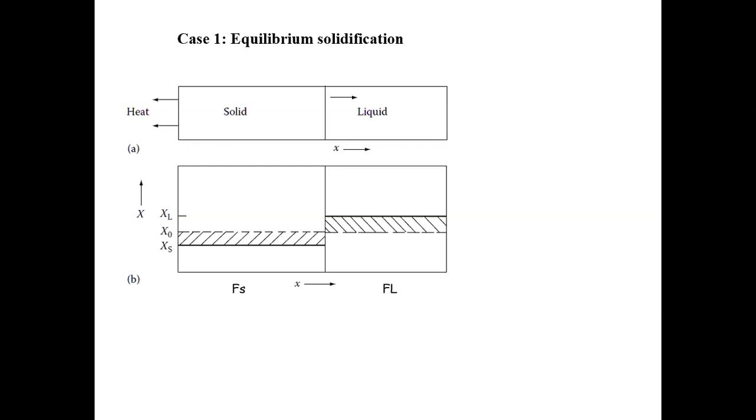This is the setup. We take the heat away from one end, and because you're taking the heat away, you start to lower the temperature. You will see some solid start to form from the end where you take the heat away. This part is my solid and this part is my liquid. Then I see my solidification front, and this front is going to propagate in this direction. This is basically our setup.